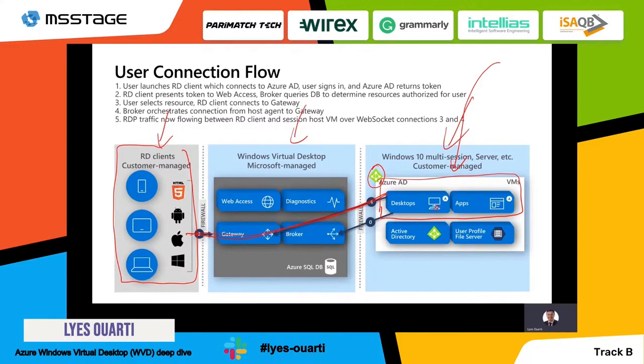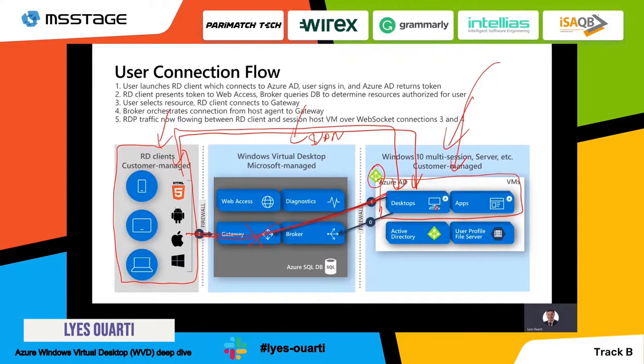Now, yesterday at Ignite, we announced a new feature, which should be available very soon, in this step of 3 and 4. If you have connectivity into the session hosts themselves using, for example, VPN or ExpressRoute, we skip this connection, and we make a connection directly over ExpressRoute, which makes the connection direct.